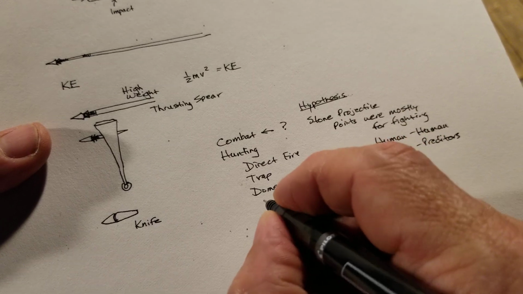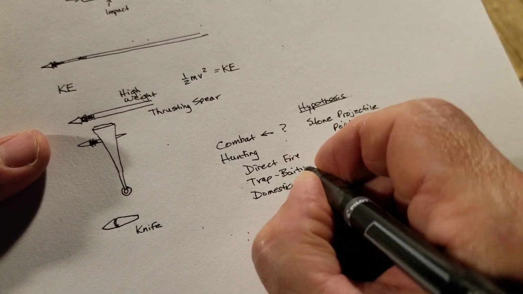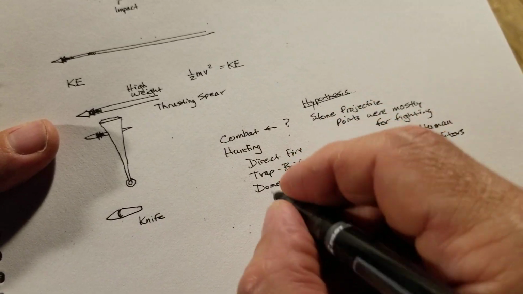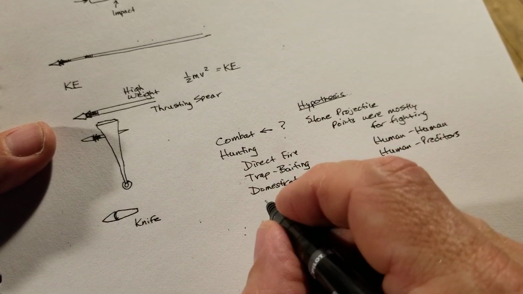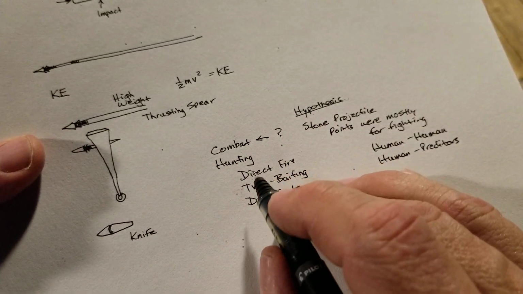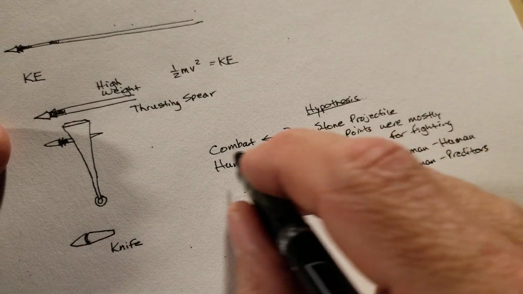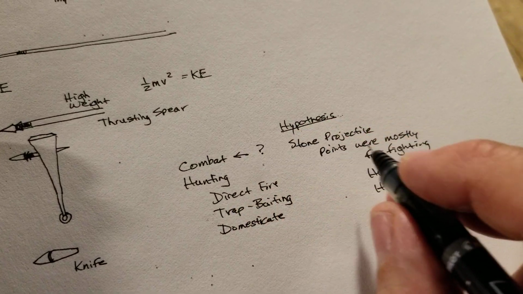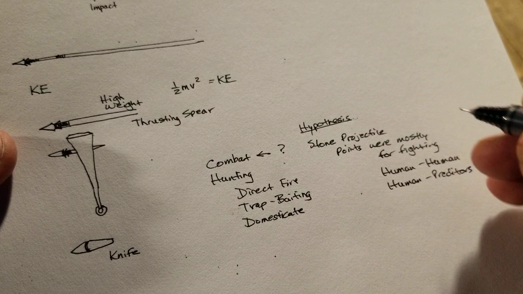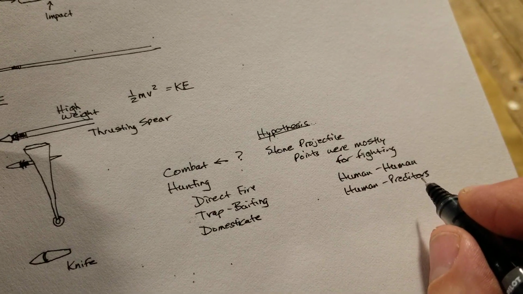Okay, trapping and baiting probably go in the same boat, and so forth. The development of projectile points is really not as essential in this arena of hunting as it is in combat. All right, because it's so much more difficult to fight another human or a predator.